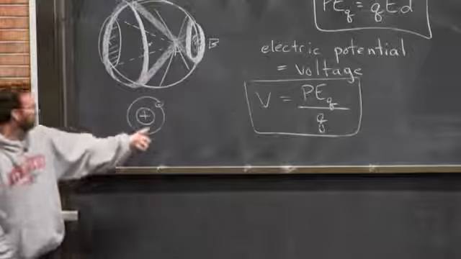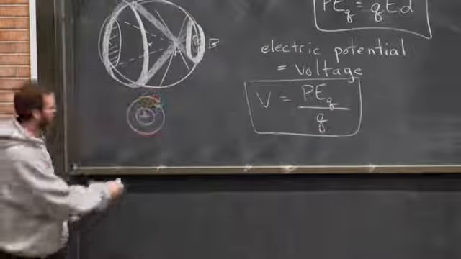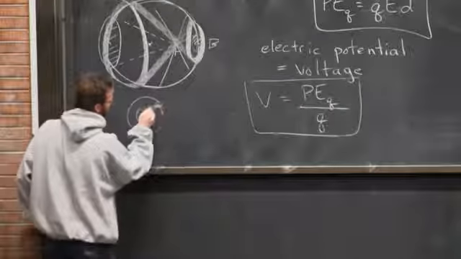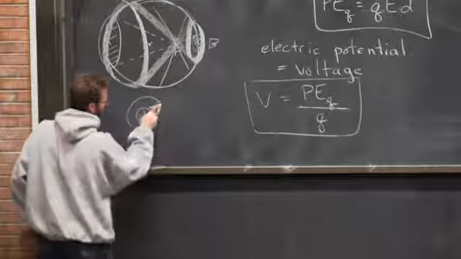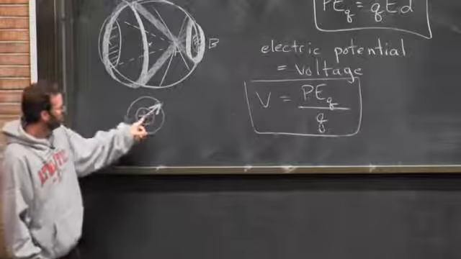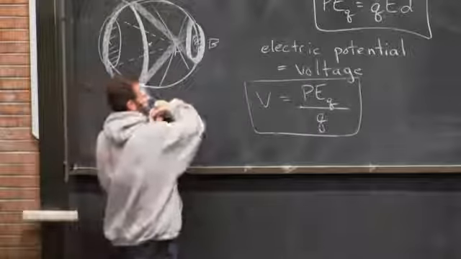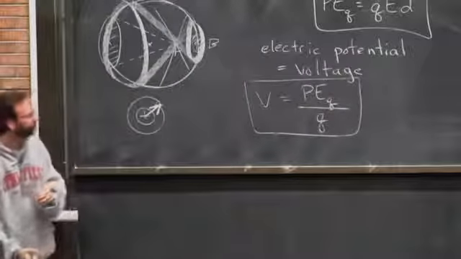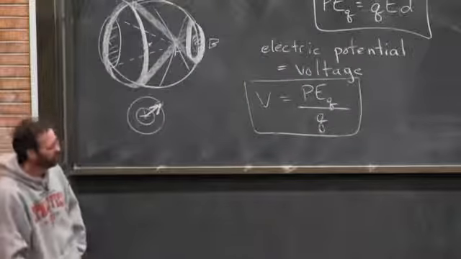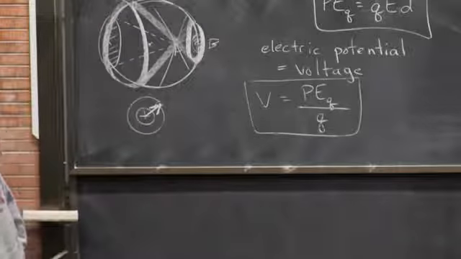You'll have to apply a force, because these want to naturally be attracted to each other. The electric field's in this direction, from positive to negative. So the electron, which is negative, is trying to go this way. So it would require a force and energy to pull it out. We just use this energy to move them around. Questions on that?